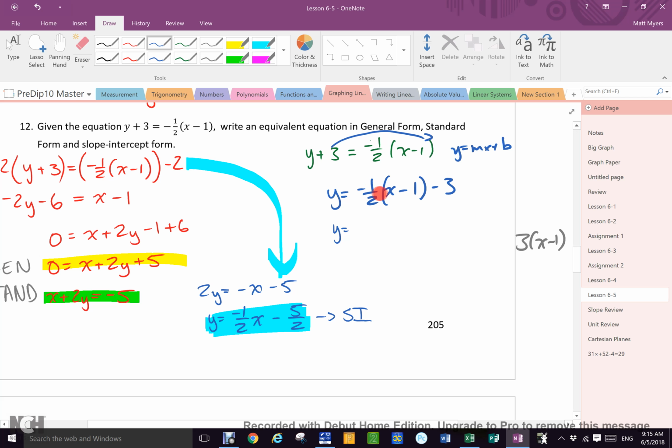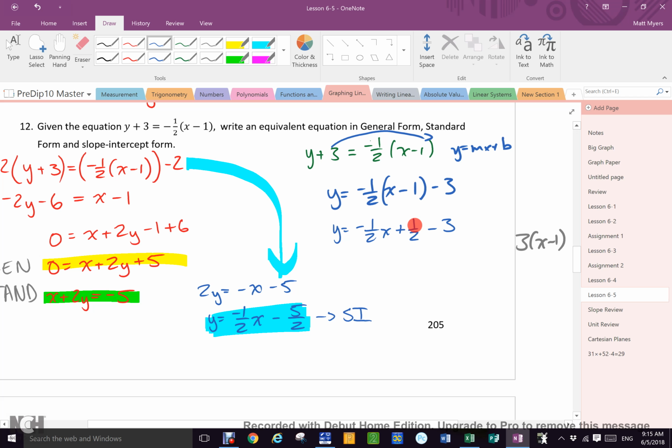What is negative 1/2 times x? It's negative 1/2 x, yes? What's negative 1/2 times negative 1? Positive 1/2, yes? Minus 3, right? Okay, so what is 1/2? You have 50 cents, and I'm taking away $3.